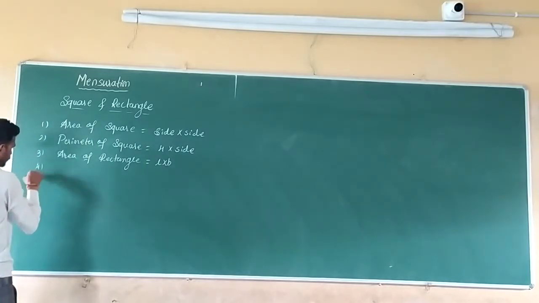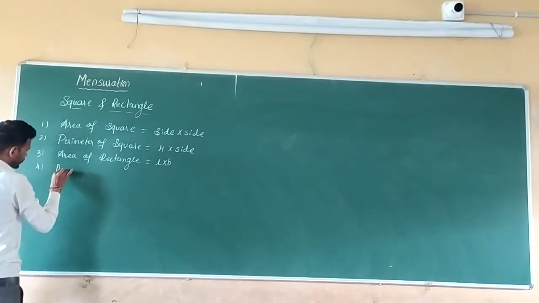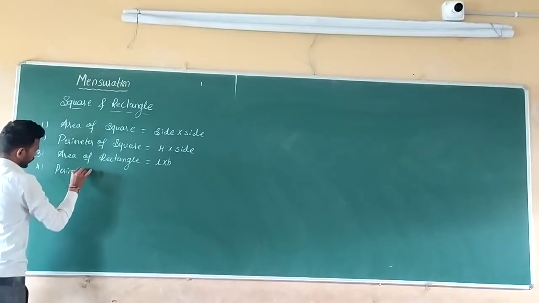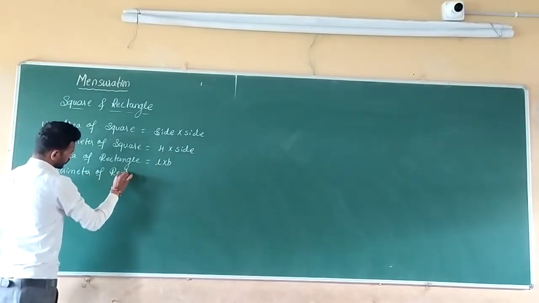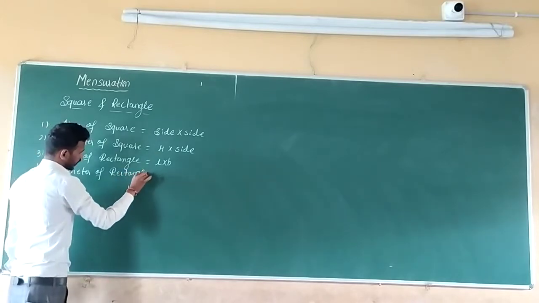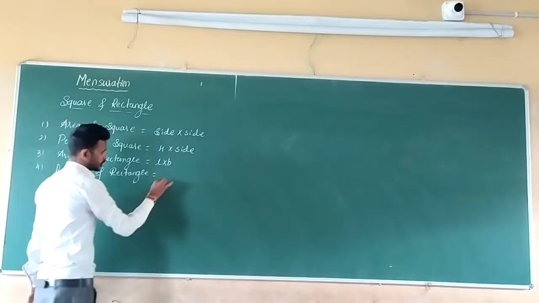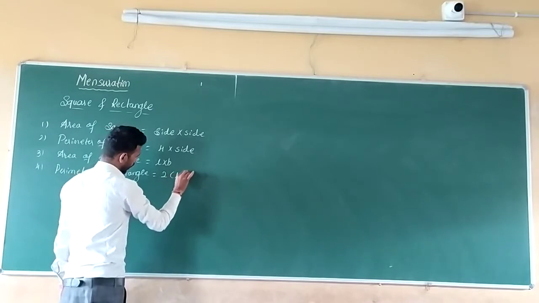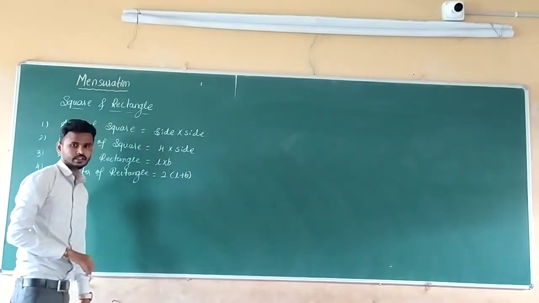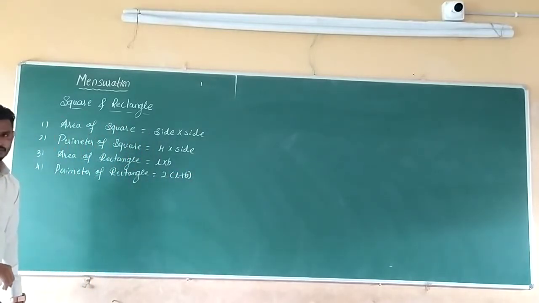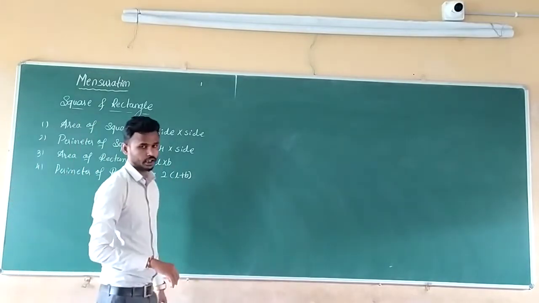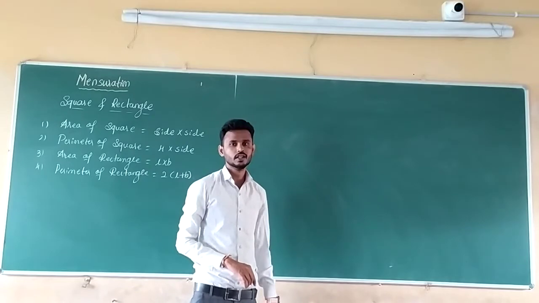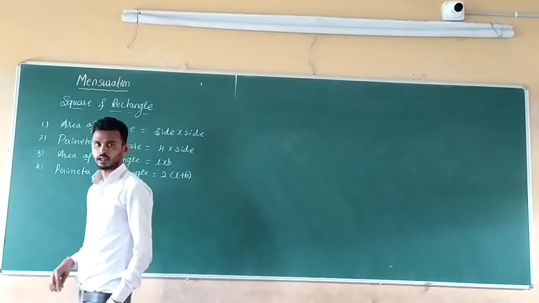And next, perimeter of a rectangle, which is equal to 2 into bracket L plus B. So these are the formulae to find the area and perimeter of a square and rectangle.